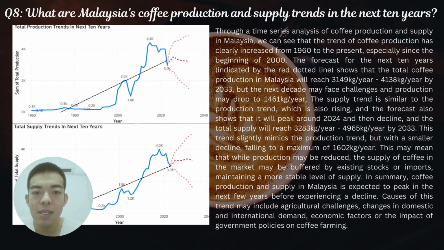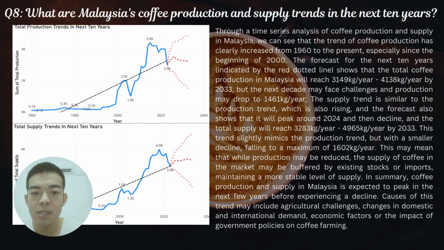However, this growth isn't without its challenges, as we anticipate a potential drop to as low as 1,461 kilograms per year due to various factors including agriculture and economic challenges.